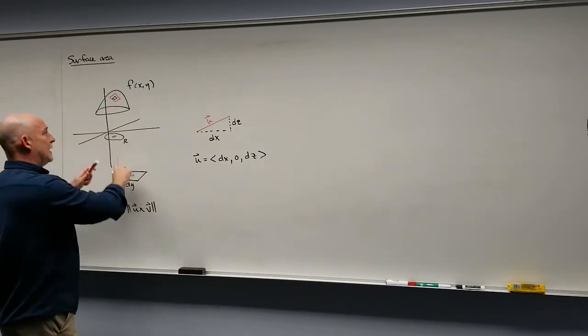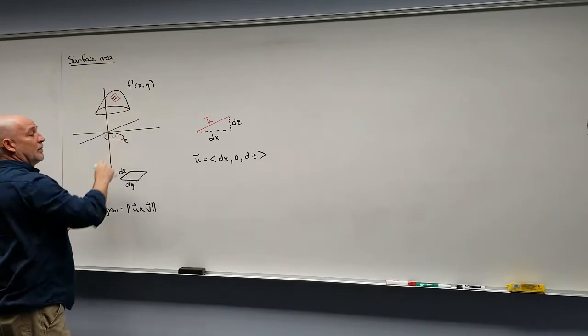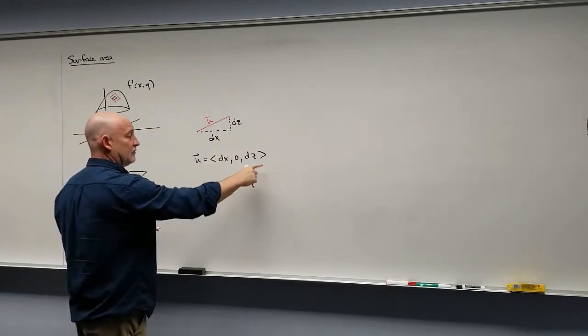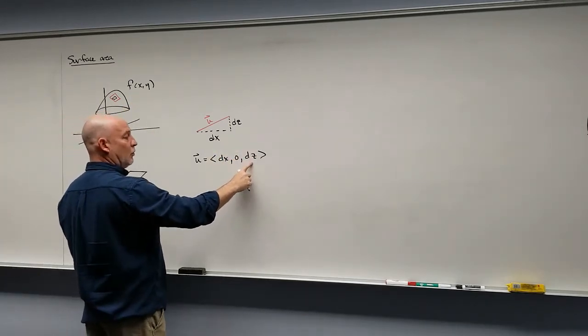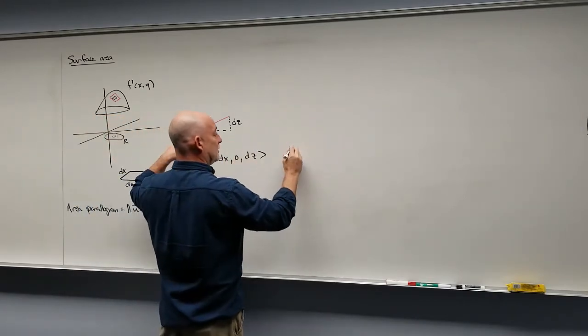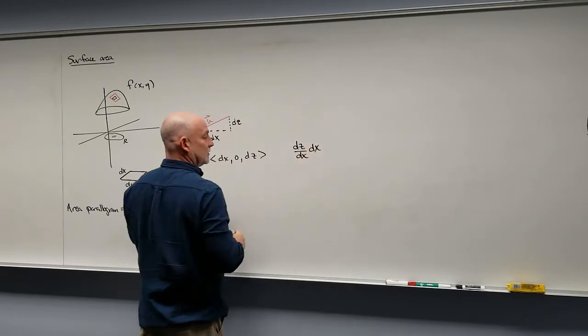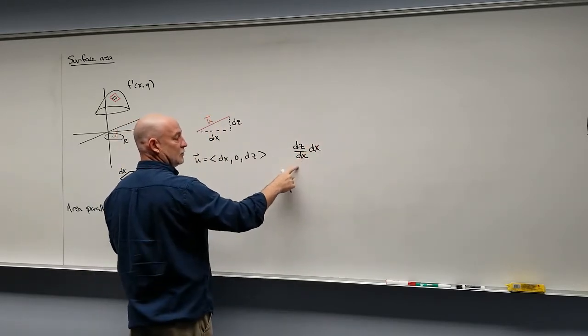The problem is I don't want things in terms of z, because the way that this is written, x and y are my independent variables. So I want this in terms of my independent variables. So what would dz be? Well, since we're moving in this direction, dz is the rate of change in the x direction times dx, and you can see the dx's would cancel here.